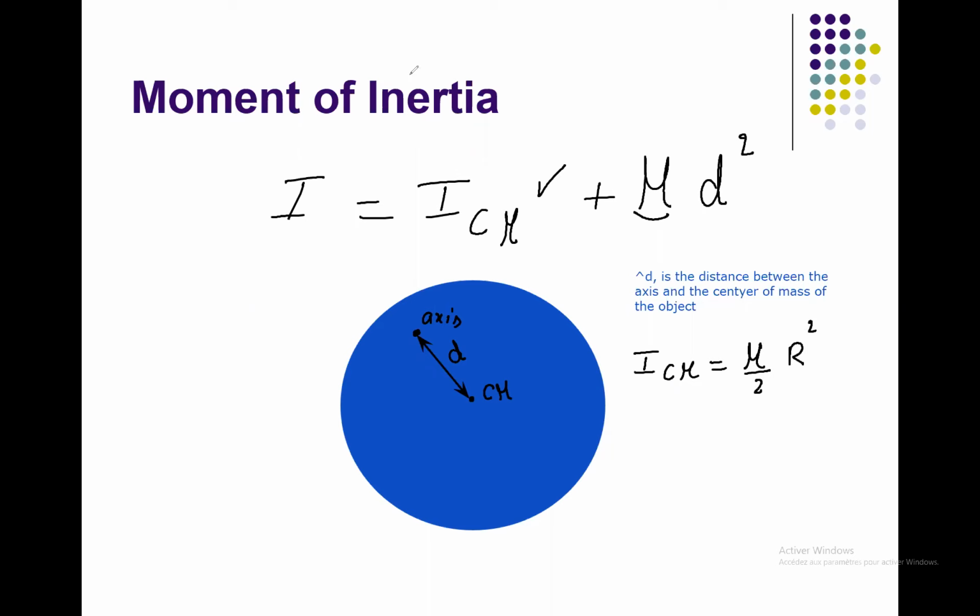R is the radius of the object. So we can say finally I equals I_cm plus m times d square. Okay, this is the answer. Let's take another example.